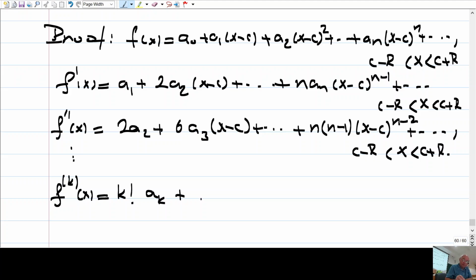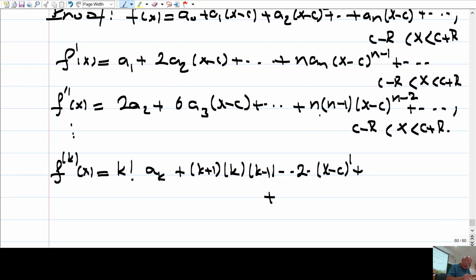What will be the next? It will be k plus 1, k, k minus 1 up to 2, times x minus c to the power 1, and it will go like this. What about this term?